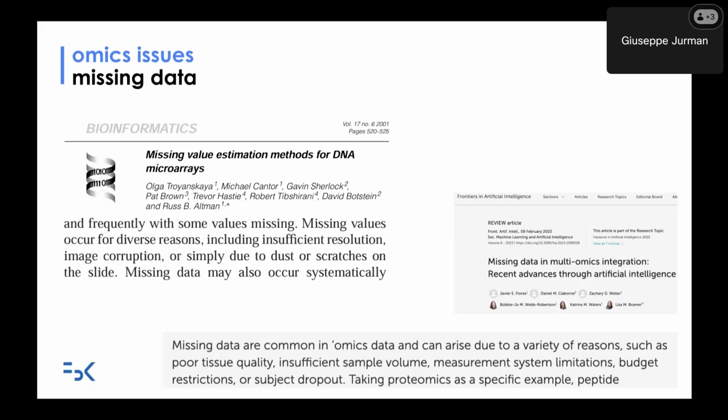If you see the other paper that I'm putting here on the screen on the right, dating just to last year, February 2023, although there are recent advances due to the use of artificial intelligence, missing data are still common in omics data, and they are still being produced regardless of the level of omics you are considering.